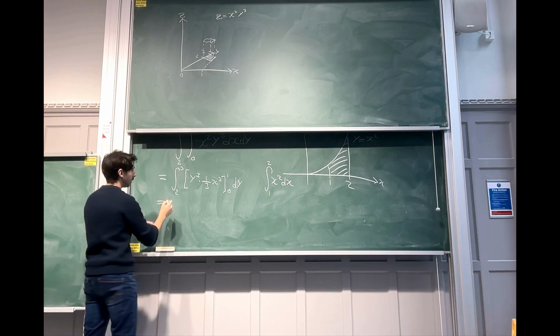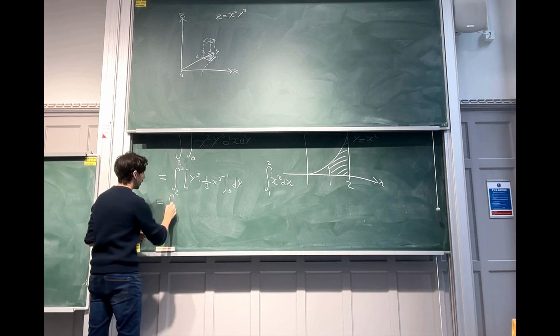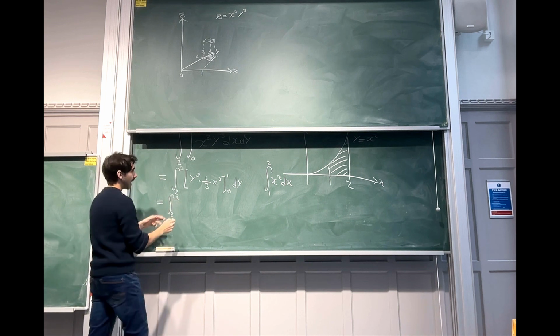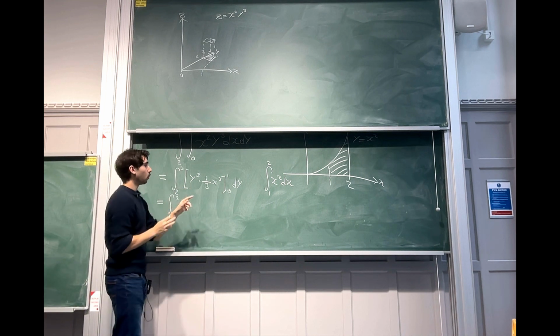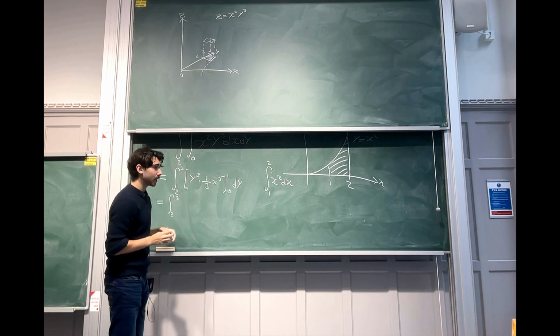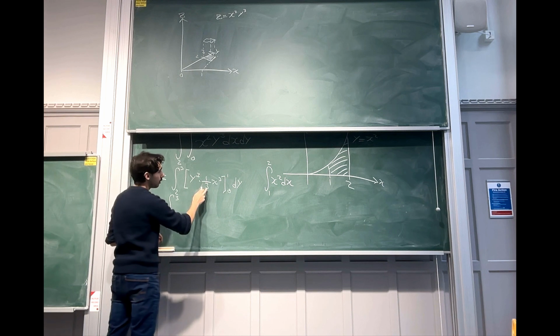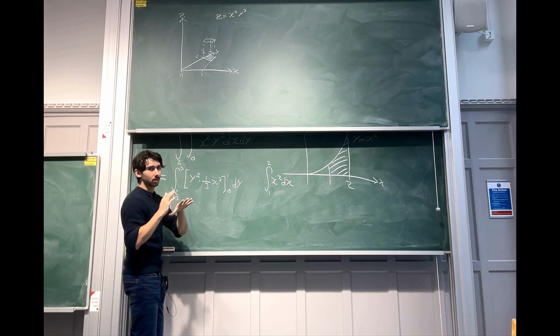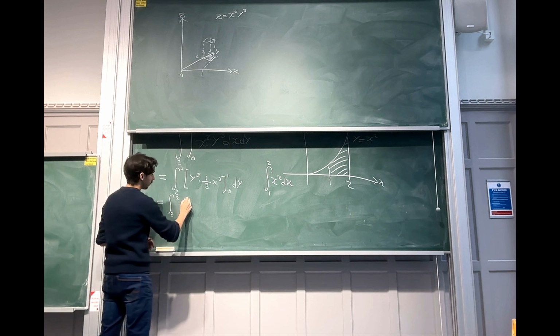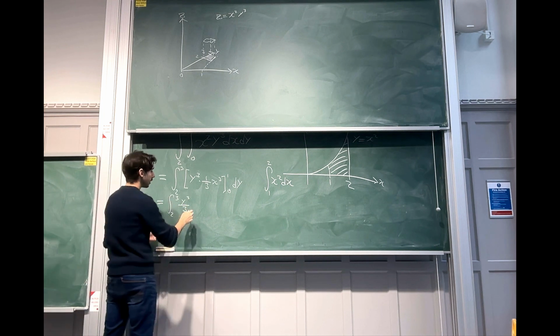Then we can evaluate this, simplify it a little bit. So this goes from 2 to 3. These are x limits, so I'm going to let x be 1. So this will be y cubed times a third. And then when x is 0, it's just all 0. So this will be y cubed over 3. That's it. And then there's the dy.